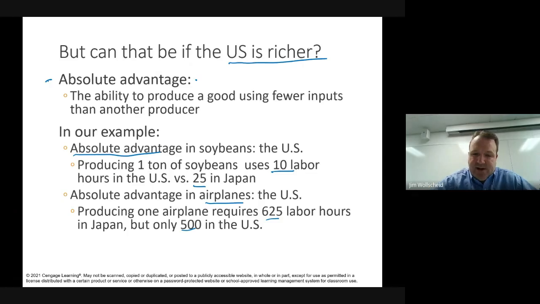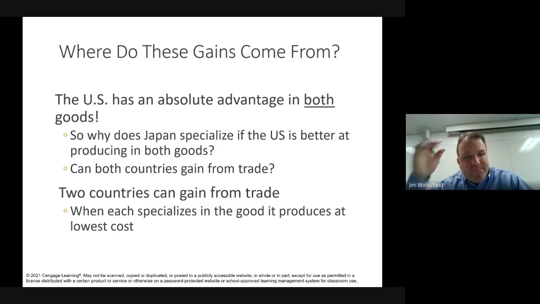So I set this up hard. I didn't give us the easy one. The U.S. is better at everything. They're better at soybeans. They're better at airplanes. So if they're better at everything, is there a way for them to trade? Well, there is. And we're going to talk about where they can gain from trade.